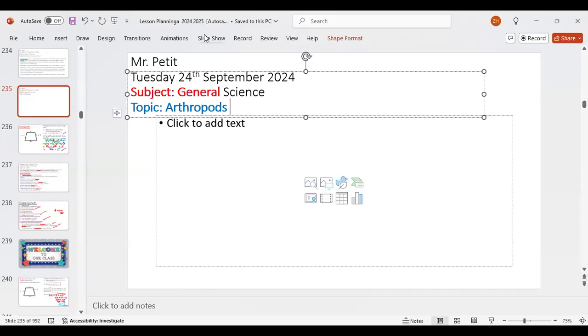Crab. Crustacean. Invertebrate. Very good. Next one, mosquito. Insect. Spider. No, spider is not an insect.